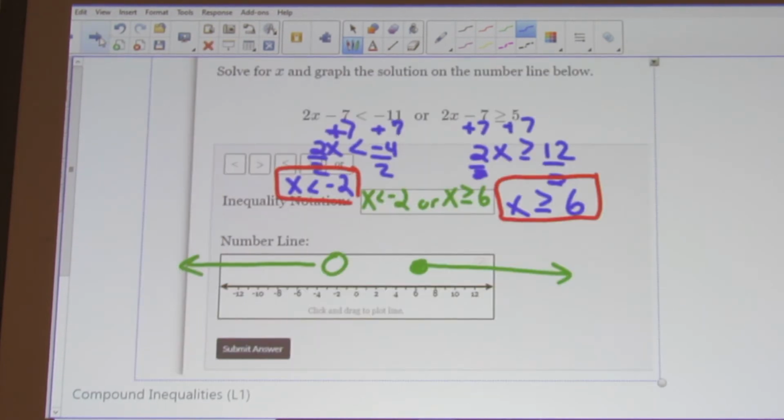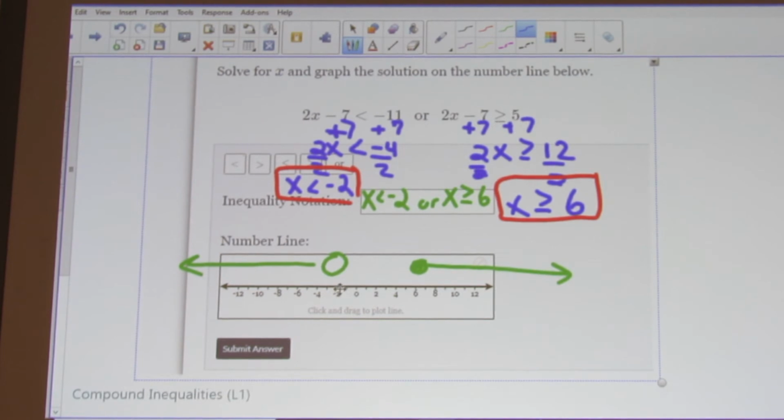Then you'll see other problems where it says or, and you'll get two separate segments, or rays, I might want to say here. But again, I solved this one, got x is less than negative 2. So I left it open because it's not equal to it, and I would pull my line in Delta right on this line.